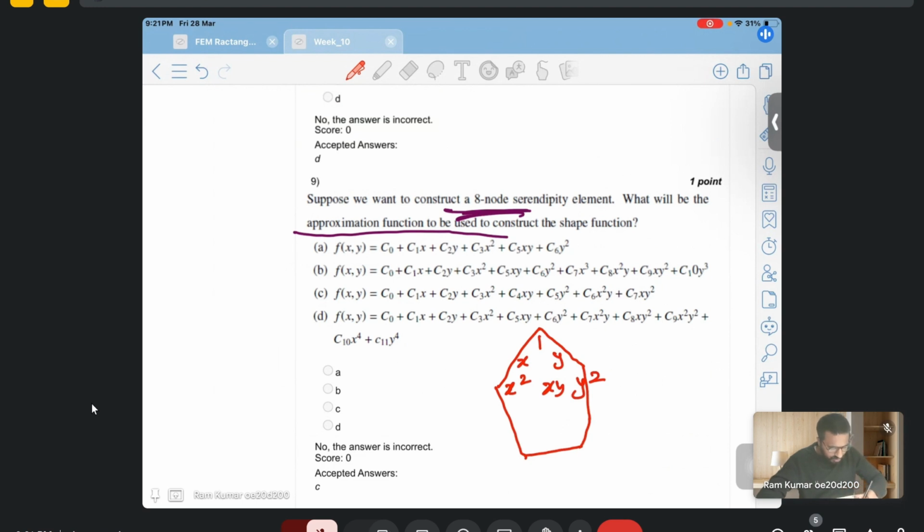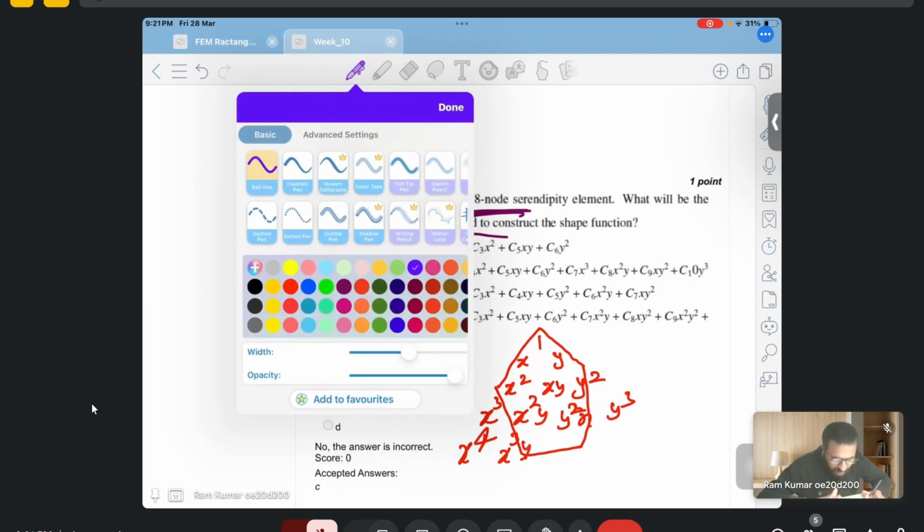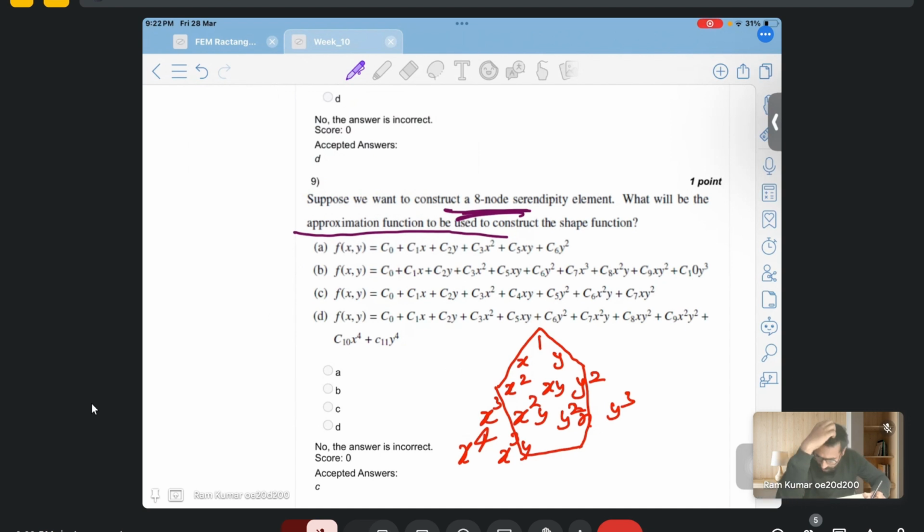Then x cube, x square y, x y square, y cube. Then again x4, x cube y, x square y square, x y cube, y4.